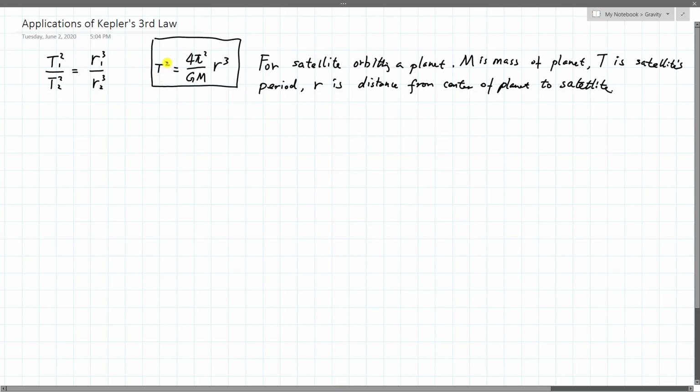The Mars probe can find out just by looking into the sky for repeating patterns of the stars. So it is able to count its own period, how long it takes to orbit that planet. So this is something that can be measured by the Mars probe. The distance is not really convenient to measure, because how do you measure your distance to the center of a planet?